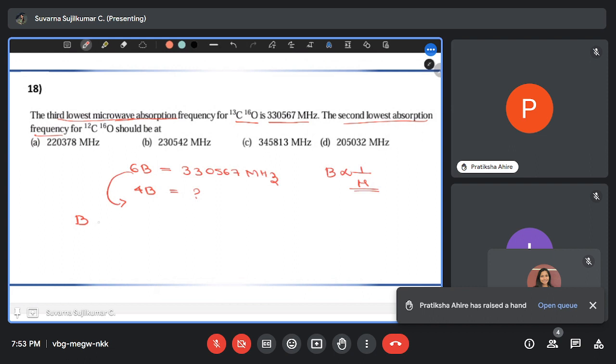The rotational constant for the normal isotope carbon C12 O16 carbon monoxide and the C13 labeled will have an inverse relationship with the reduced mass: the reduced mass of C13 O16 and the reduced mass of C12 O16.